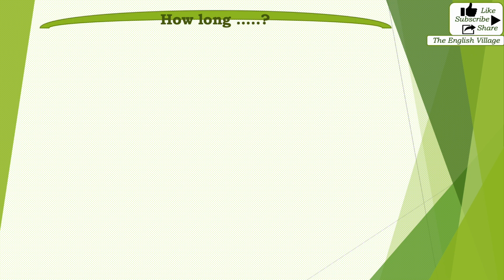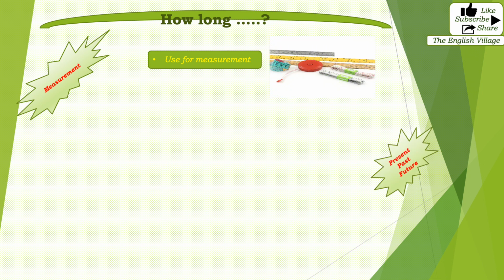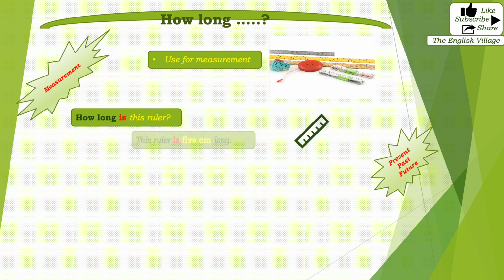We don't use how long only to tell about the length and the duration of time. We also use how long to tell about measurements. We use how long questions for telling measurements. And how long in this case can also be used with present tenses, past tenses, and future tenses. Let's have a look. How long is this ruler?